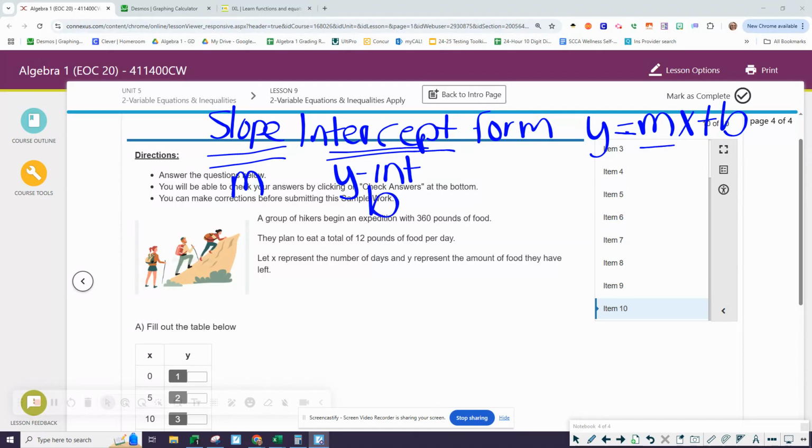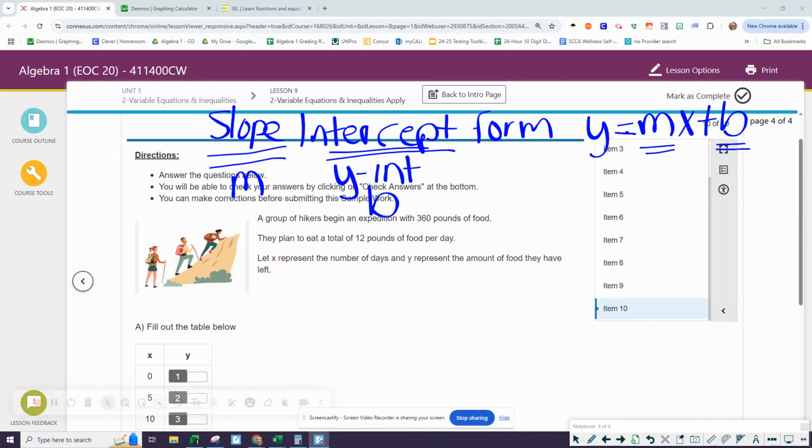So you need a slope and you need the y-intercept in order to write an equation in slope-intercept form. So if you're given a graph, you can find the y-intercept and you can find the slope from the graph. If you're given two points, you can find your slope. If you're given the line and the equation, you should be able to pull out the slope and the y-intercept.